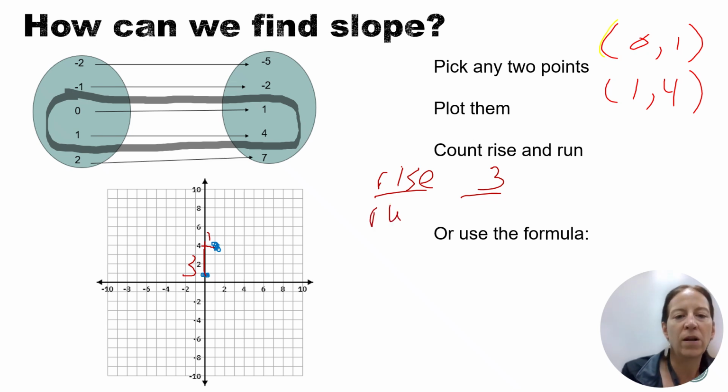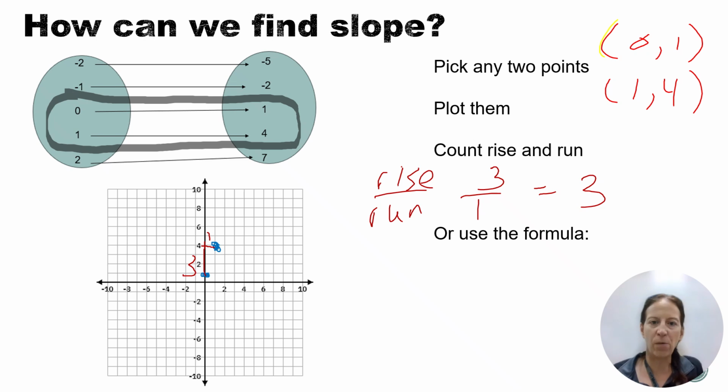And so the run is 1, therefore the slope is 3 divided by 1, or just 3. And that would work for any two points, okay? They don't have to be next to each other. Any two points.